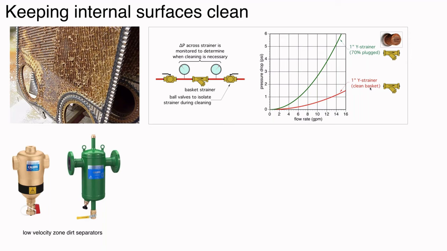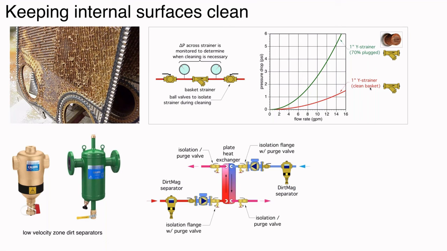And the magnets are increasingly popular with the ECM circulators. They gather up very small iron oxide particles that can, under some circumstances, get in wet rotor circulators and cause some problems there. I would recommend you use a dirt separator on both sides of a heat exchanger.